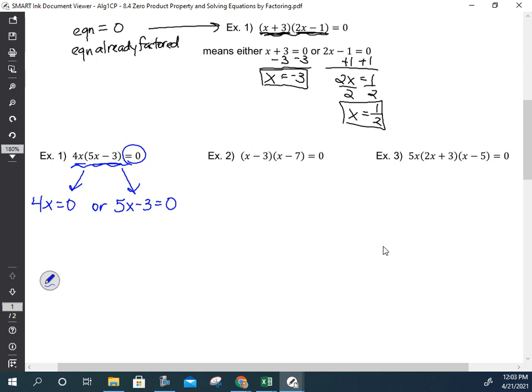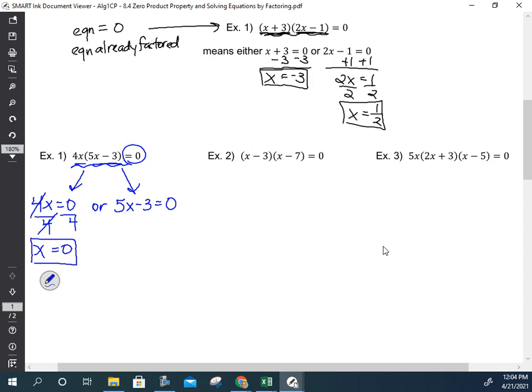So now we solve the problem. So 4x equals 0 is 4 times x equals 0. What do I do with the 4? So x equals 0. That was simple enough. Second equation.